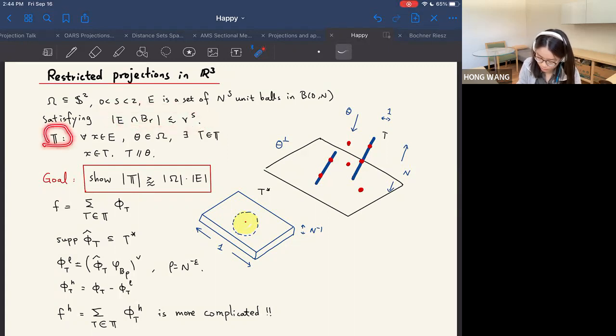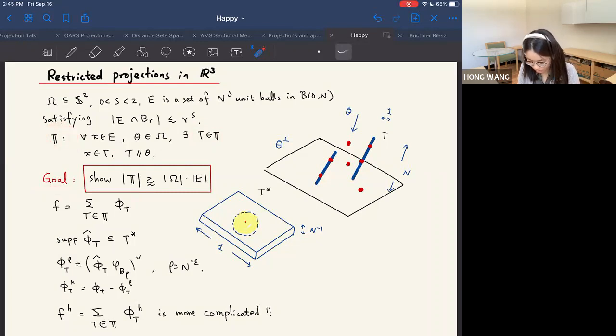And T also satisfies that for each x in E and each theta in omega, where we should think of omega as a non-degenerate curve in S2, there exists a unit tube containing x in direction theta. So our set of tubes is defined in this way.